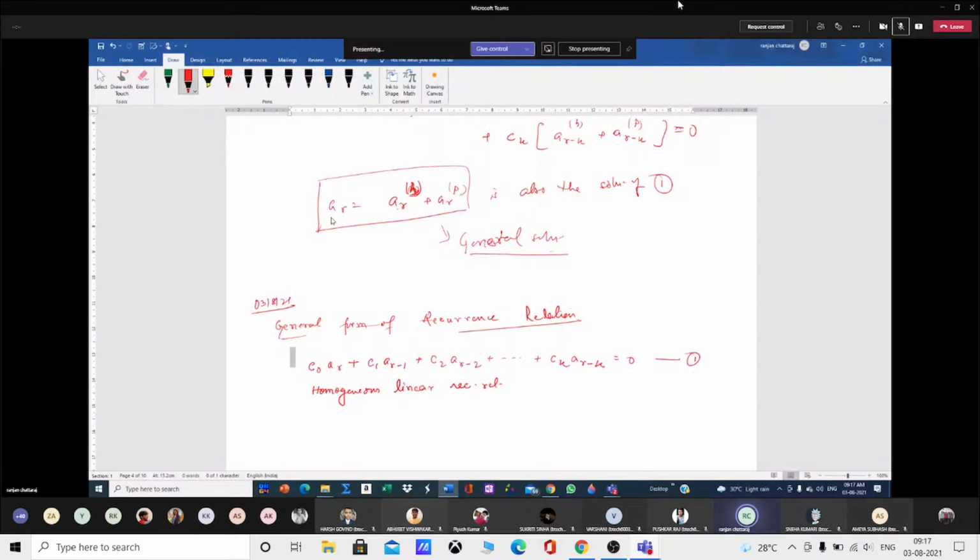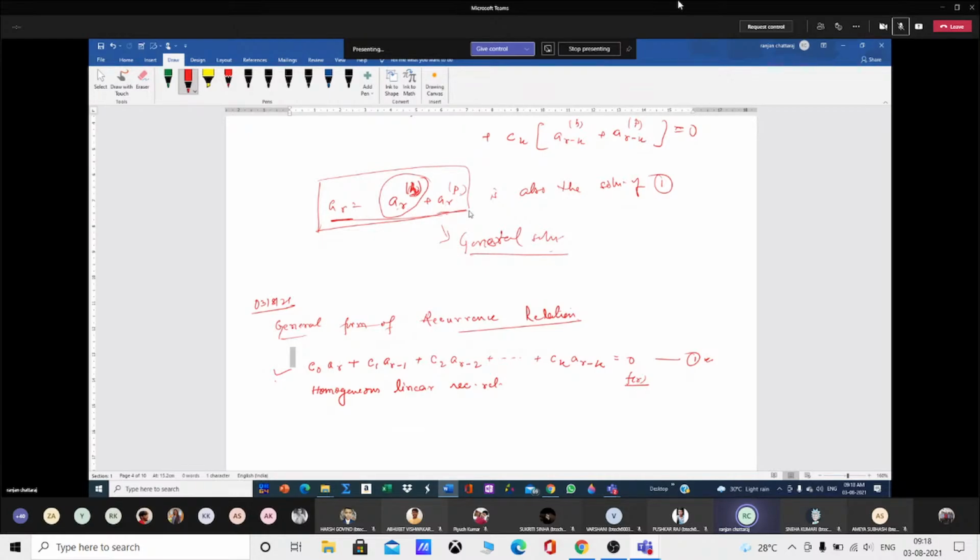So if a_r is the solution of the non-homogeneous linear recurrence relation of this type, that means if this side becomes f(r), then this is the solution. If it is equal to 0, this is the solution of the corresponding homogeneous one.